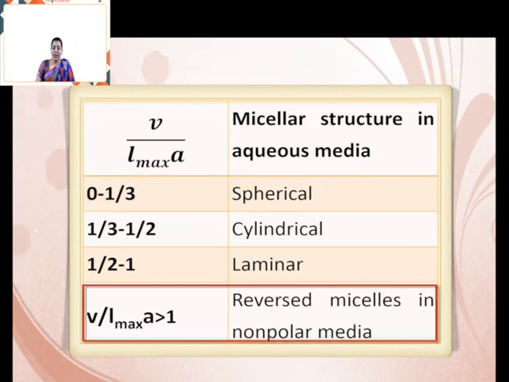For reverse micelles in nonpolar medium, the ratio is greater than 1.